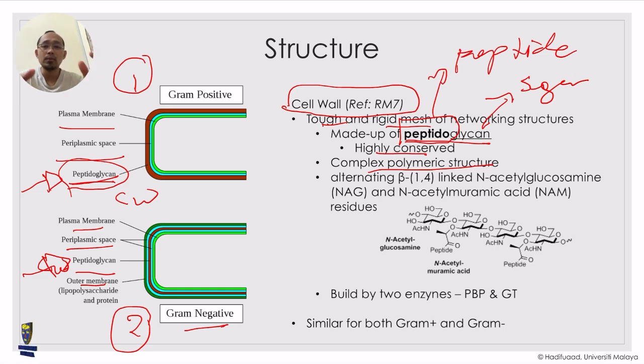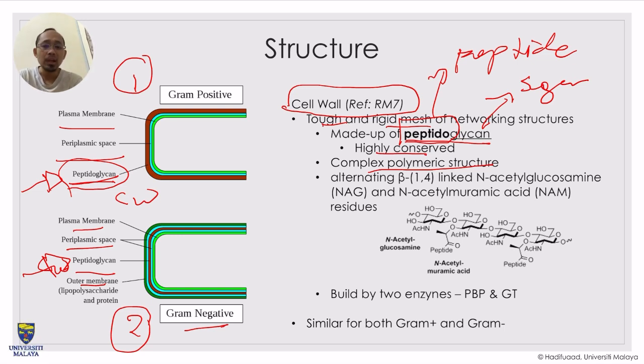However, for a cell wall, the polymeric nature is not just two-dimensional, but rather a three-dimensional polymeric space. If you imagine a bulk of linear polypeptide chains, it goes up, down, left, and right, and they are all connected, networked, linked to one another.